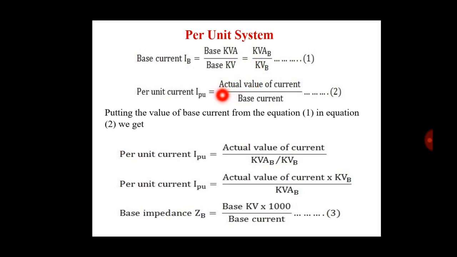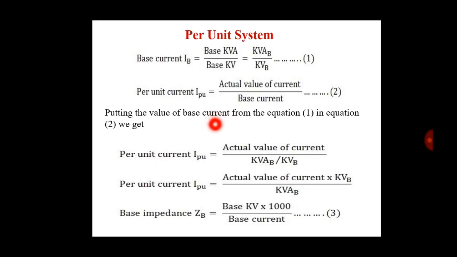Now per unit current. This is the base current, and now we find the per unit current. Per unit means actual value divided by base value. So per unit current is the actual value of current divided by base current.